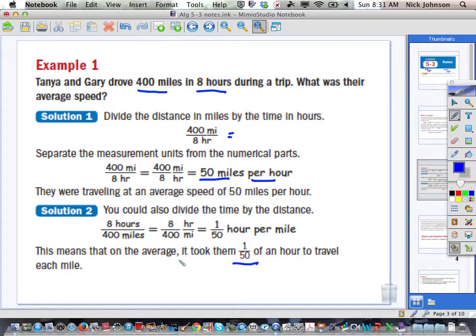Now you can figure out what 1/50th of an hour is: 1/50th times 60 minutes, which is 60 divided by 50, and that gives you 1.2 minutes it took them to go a mile. Quite a long time, right?